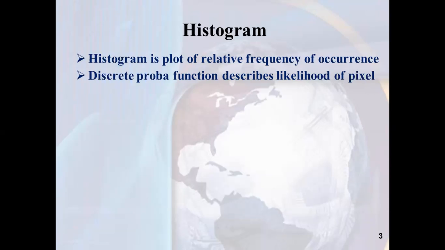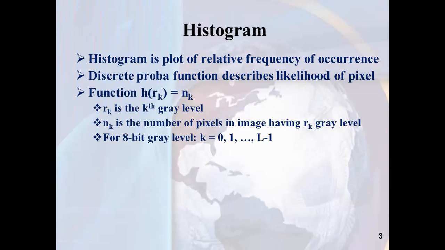And as you know, if we have a gray level image, we have pixels between 0, which is black, to the value 255, which is white. For each value, we count these pixels and we obtain a histogram. So the function is histogram of rk equals nk, where rk is the kth gray level.